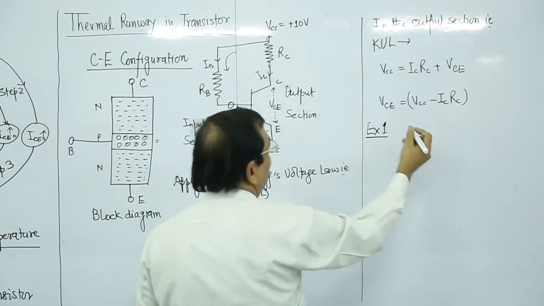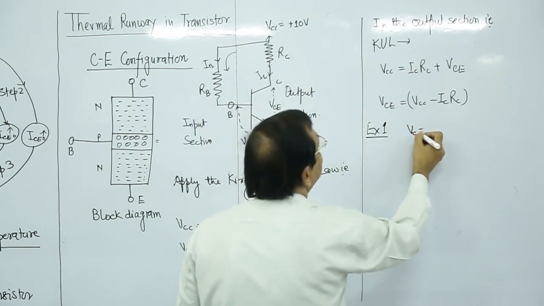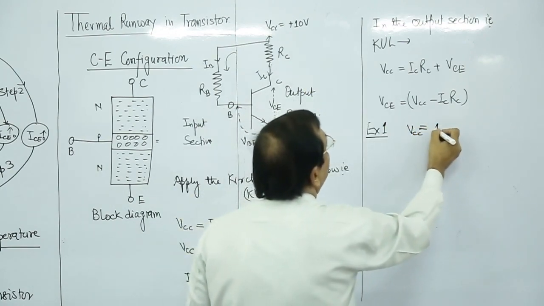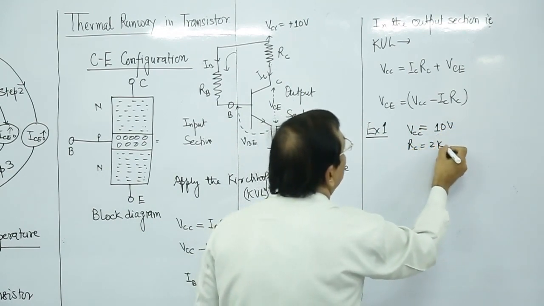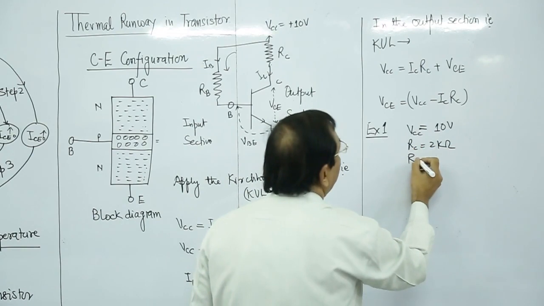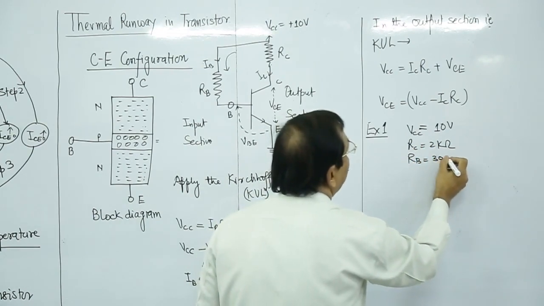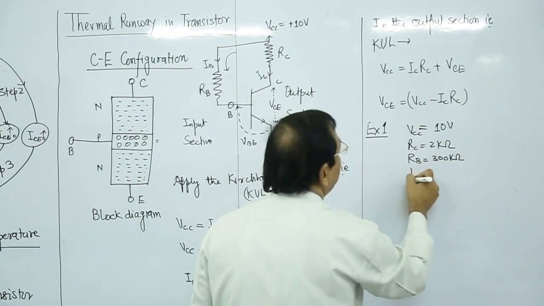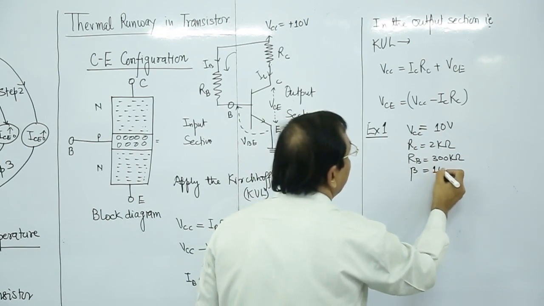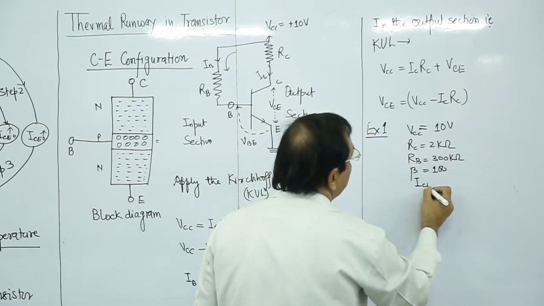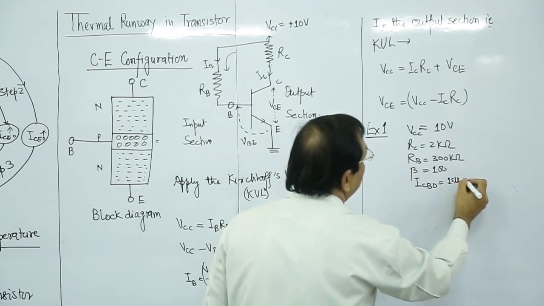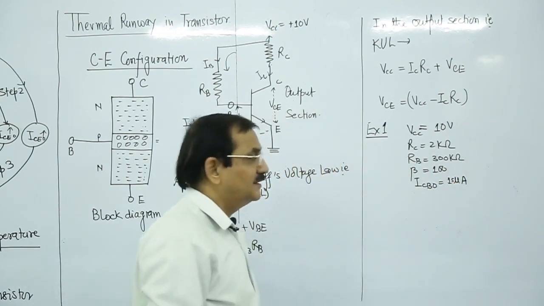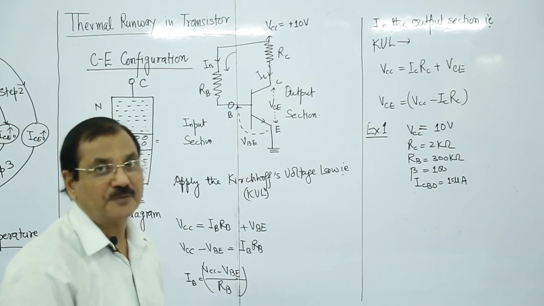In this example, say VCC, as we said, is 10 volt, RC say 2 kilo ohm, RB is equal to 300 kilo ohm, beta say 100, and ICBO is 15 microampere. Suppose this is the value assumed.